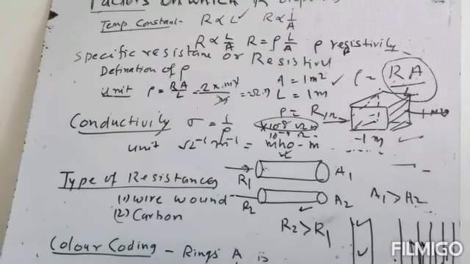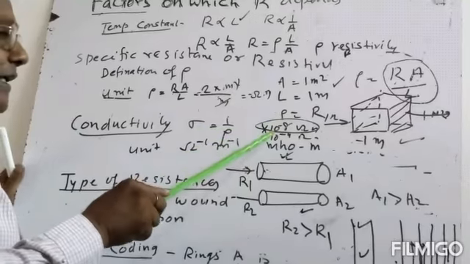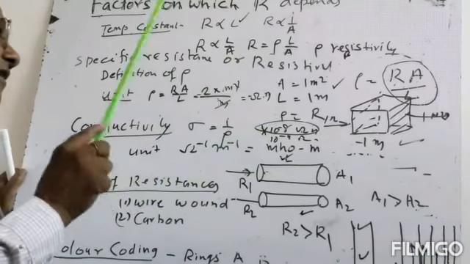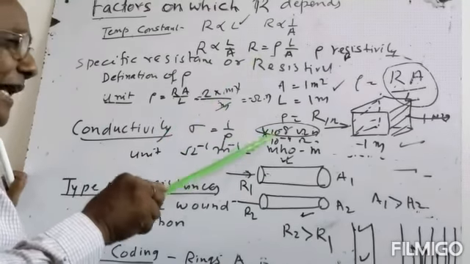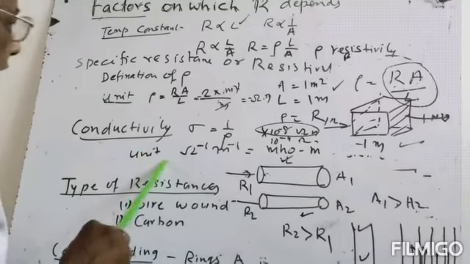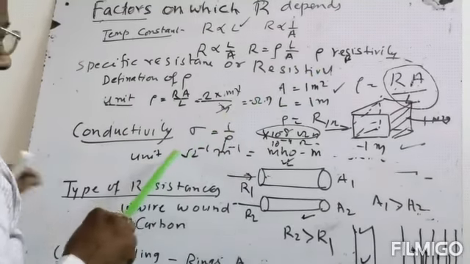So the conductivity of copper will be more than the conductivity of nichrome. It means copper is a better conductor than nichrome. So we have to find its unit. Unit will be equal to the inverse of the unit of resistivity.